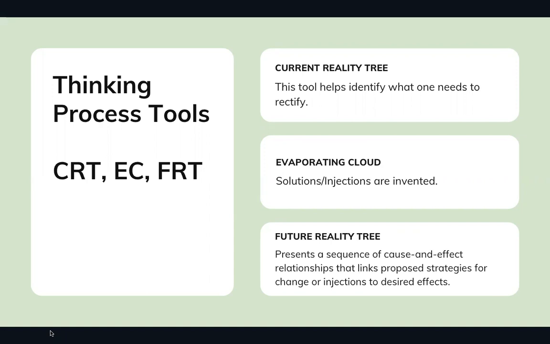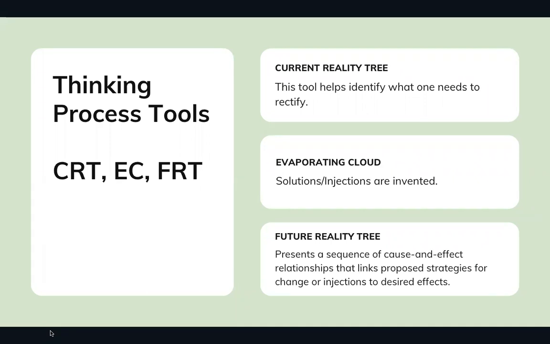The CRT is built to determine what the root cause is by understanding the relationships between the issues or the listed undesirable effects that are happening in the current situation. This tool helps identify what one needs to rectify. With the core problem discovered using the CRT, an evaporating cloud is constructed where solutions or injections are invented.